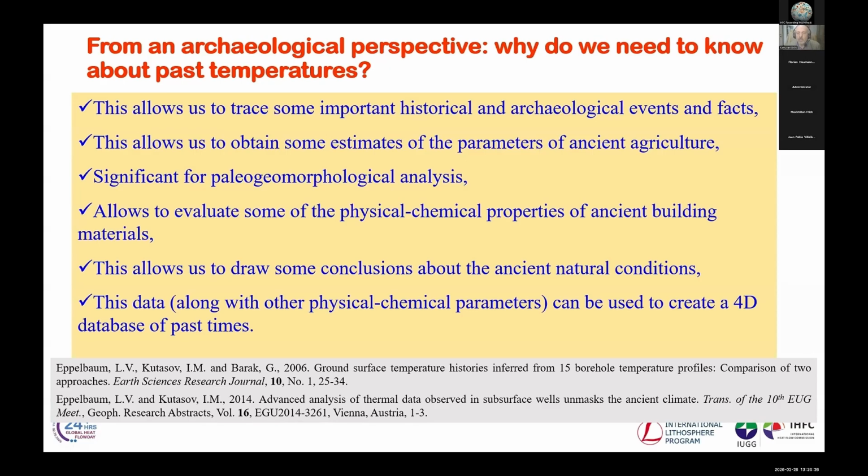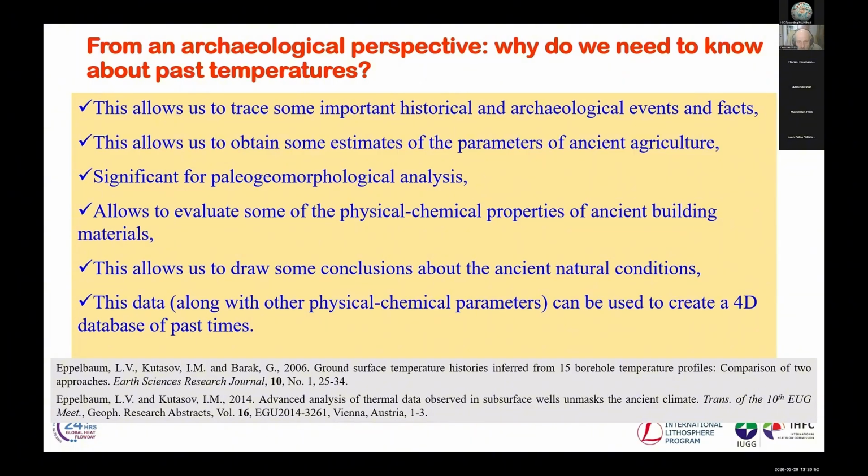From an archaeological perspective, why do we need to know about past temperatures? This allows us to trace some important historical and archaeological events and facts. This allows us to obtain some estimates of the parameters of ancient agriculture. This is significant for paleogeomorphological analysis.